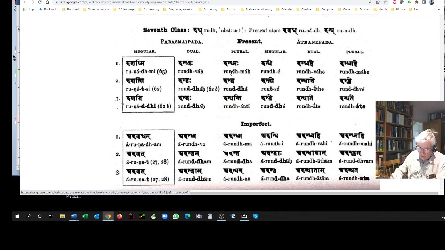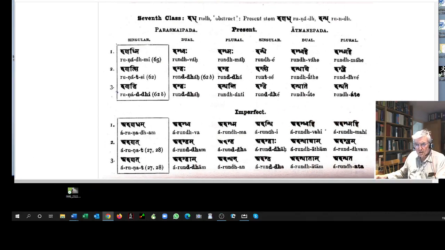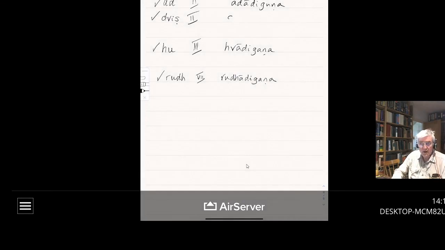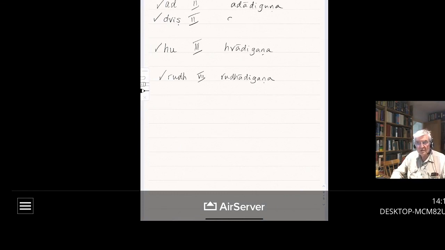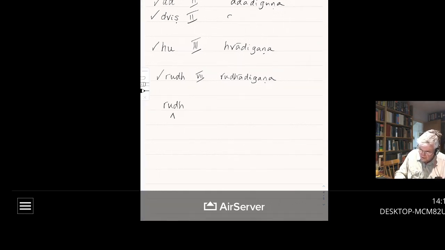So let me call up the iPad again. It's still mucking me about, this damn thing. Don't know why it's doing this. So you get rudh, and for the stressed or strong forms, we have to add in a na.